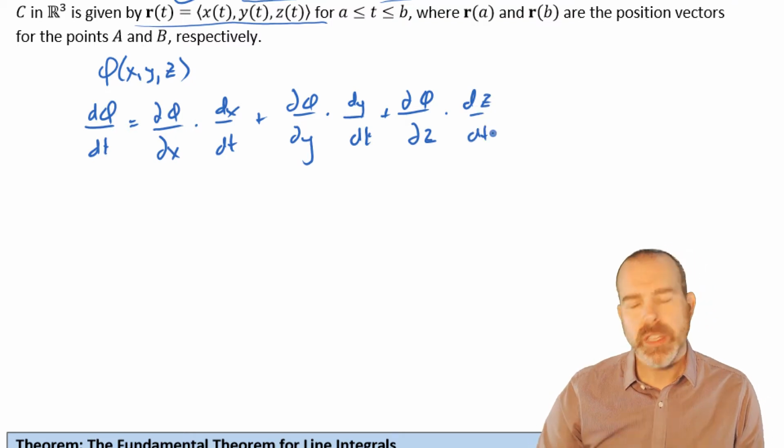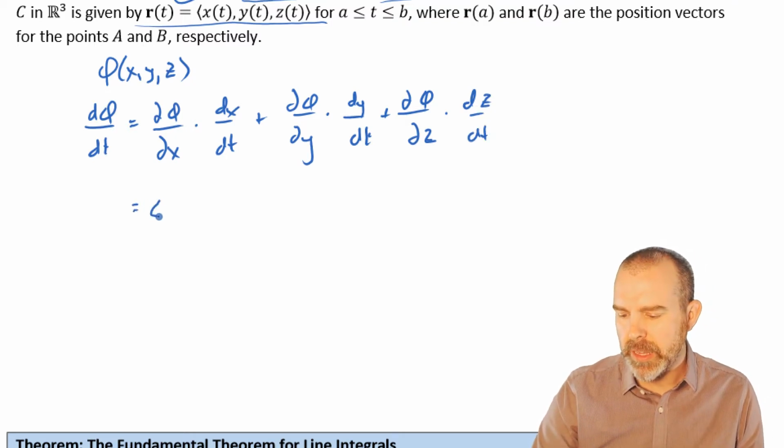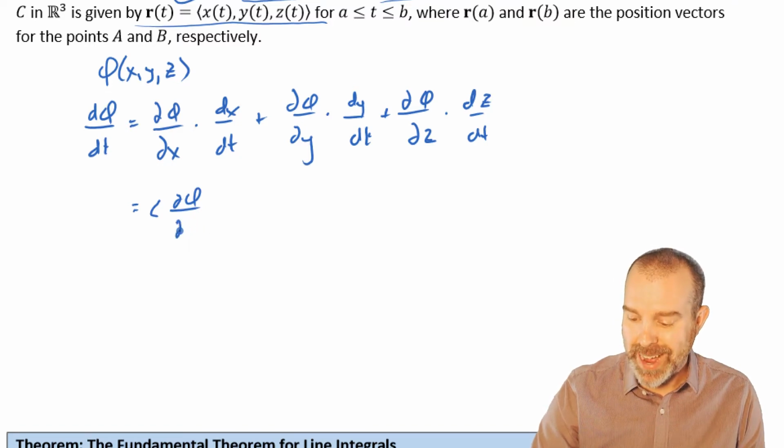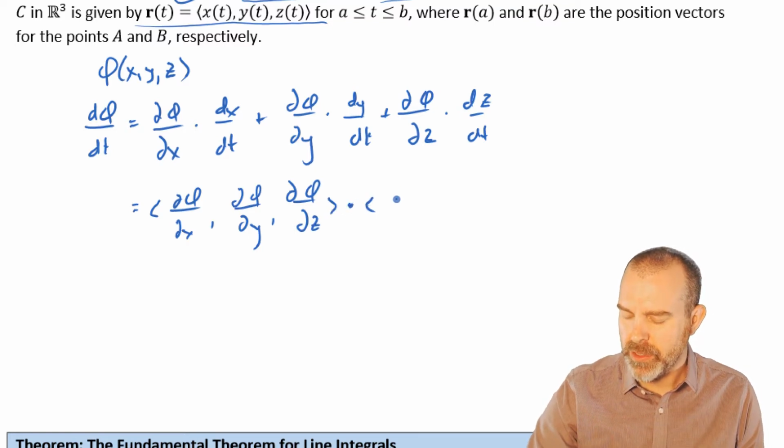And now you'll notice here there are these three multiplications. We could write this as a dot product of two vectors: all the partial derivatives of phi, the dot product with all the derivatives of x, y, and z with respect to t.